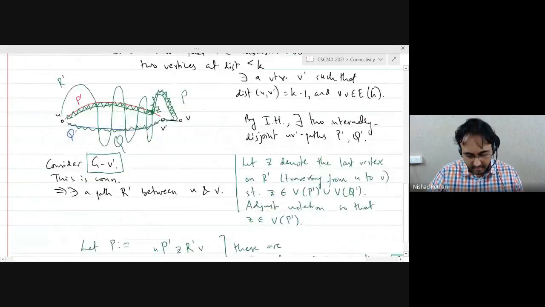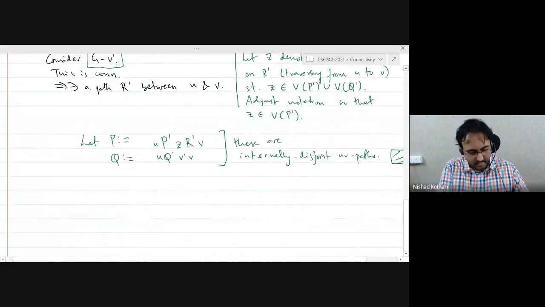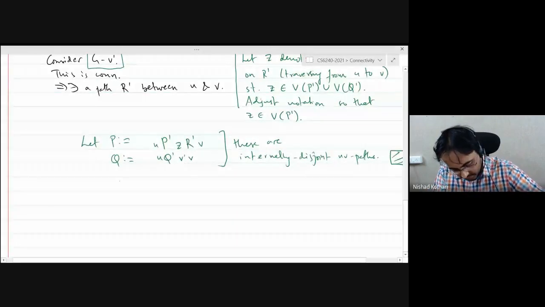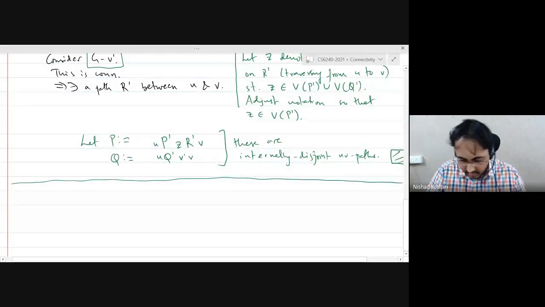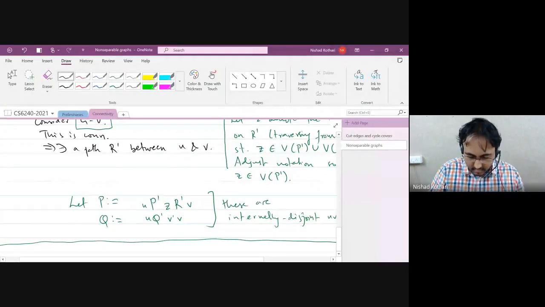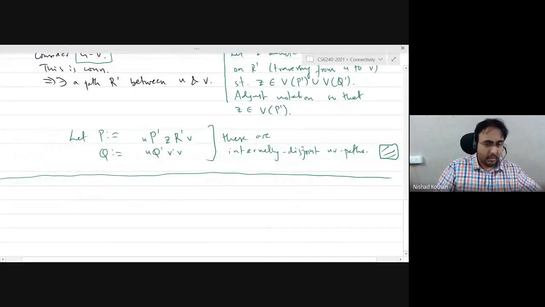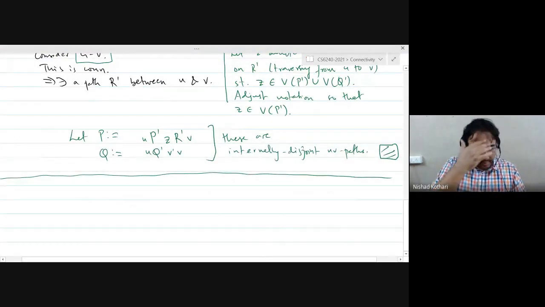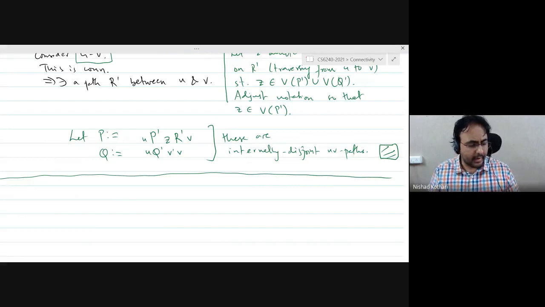Good. So let us demarcate here. Let me go back to the black colored pen. All right. So good. That's our theorem pertaining to a graph without cut vertices.